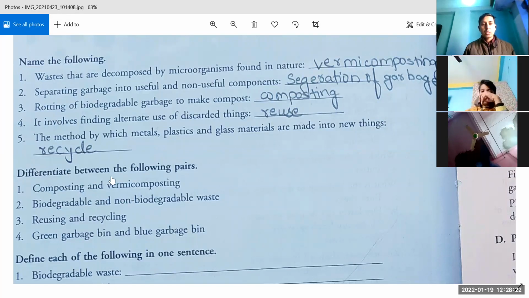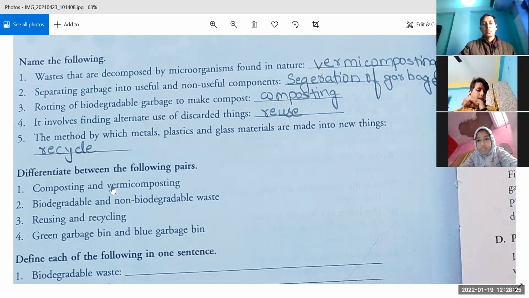Now differentiate between the following pairs. Differentiate.